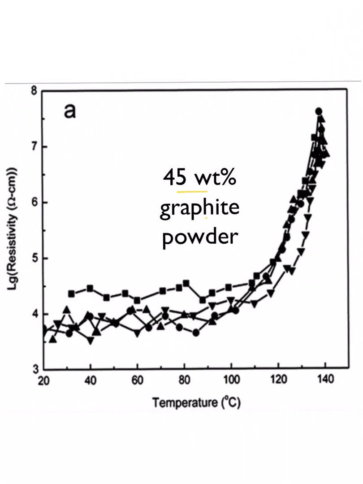This is 45 weight percent graphite powder, which we talked about a little bit ago. So this is graphite, graphene, buckyballs, straight up carbon black, any form of carbon, you can get it to work in this context. Here they're using graphite, and you see a certain resistivity, and then as you get to the trip temperatures, which are like 125 C, everything just shoots up, and we stop conducting useful current through that structure.